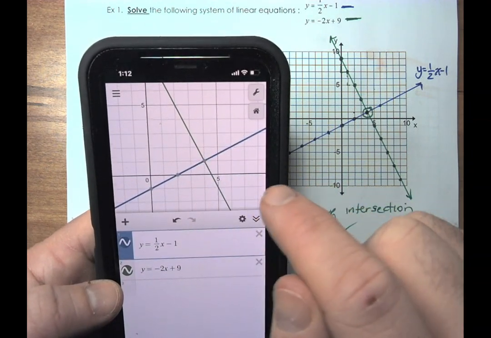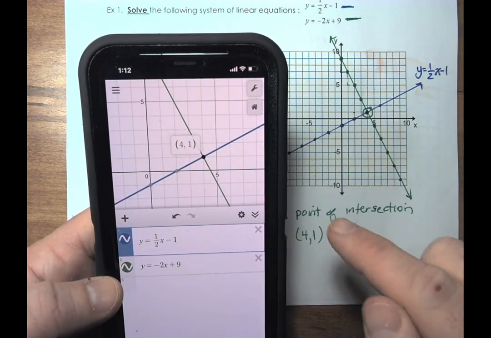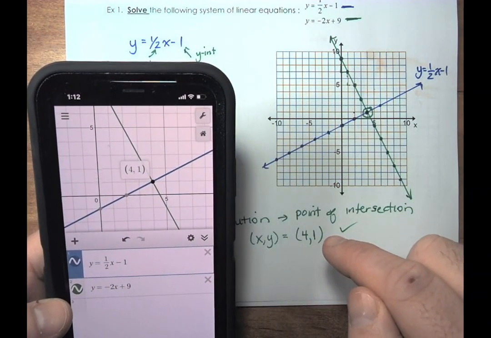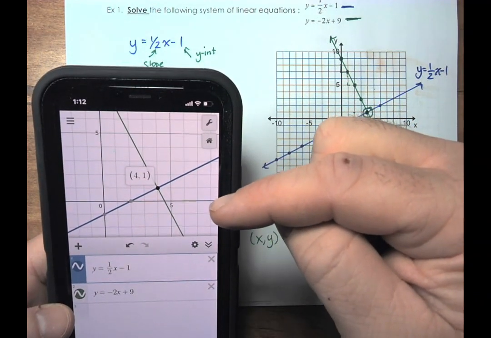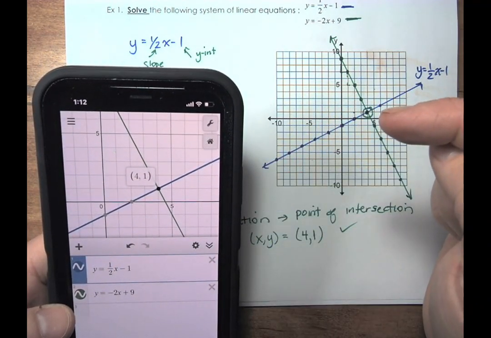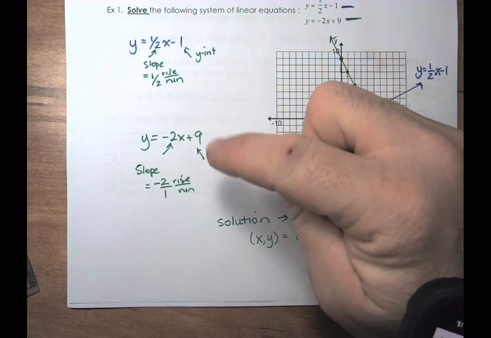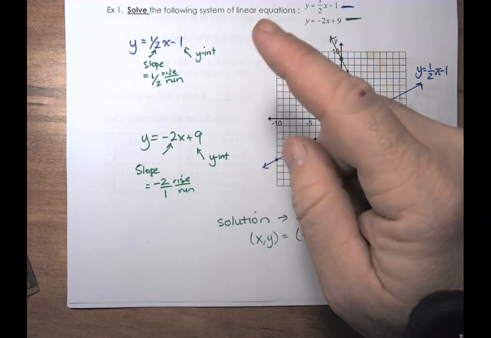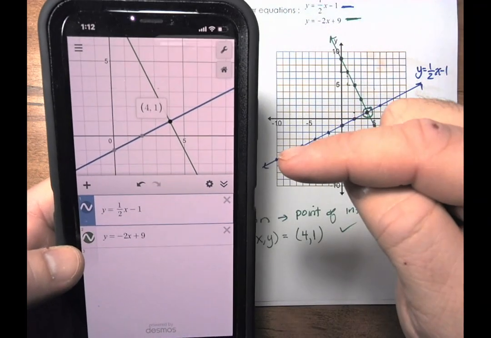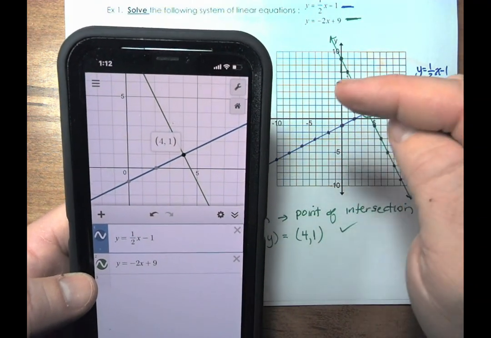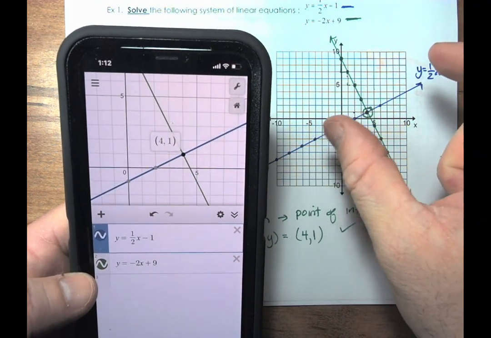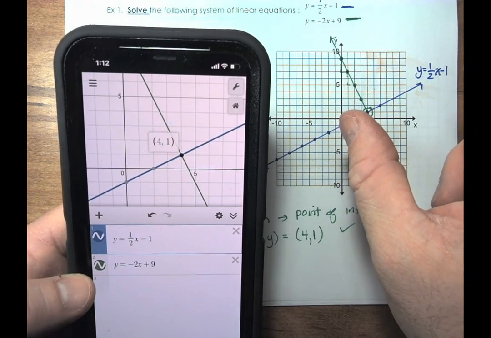And if I click on it, 4, 1. So we can use this as a check to see if our thinking makes sense, but we should have a really good idea of the process of how to do this. Use our technology to help with our thinking. Does it make sense? That's the goal.